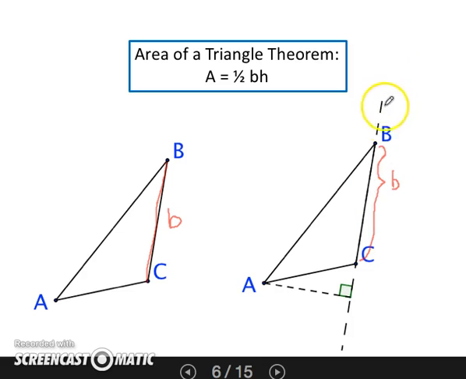So what I've had to do here is extend the base, extend that line, and still pick the opposite vertex, but draw a perpendicular line that actually is outside of the triangle, but it's still perpendicular to that base, and it still represents the height of that triangle. So we can choose any one of these three sides as the base, as long as we know how to form the auxiliary line that's going to give us the height.